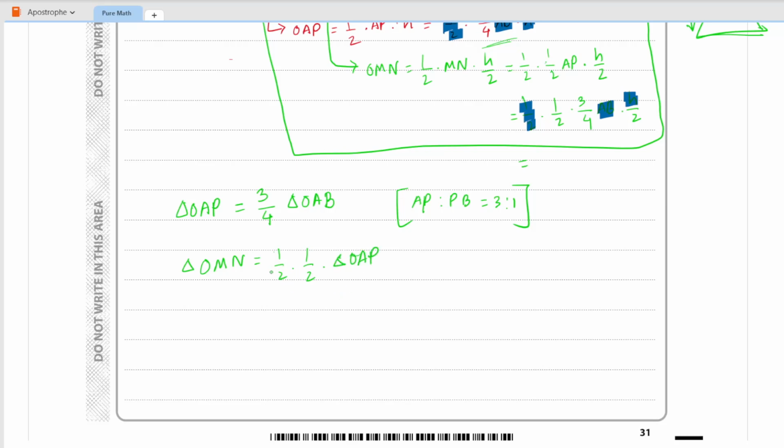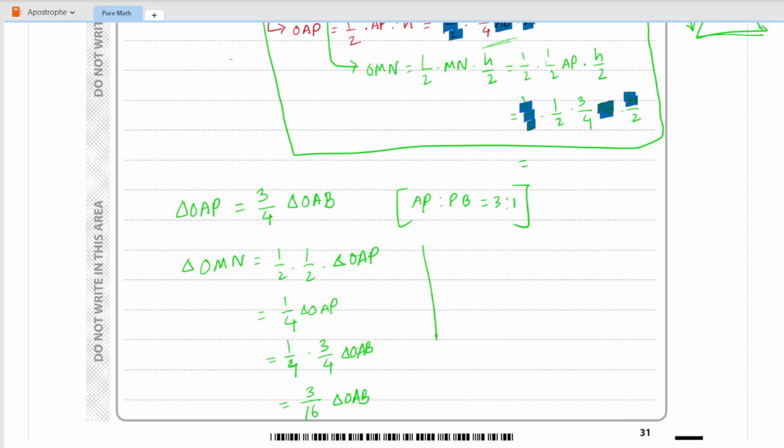Why half twice? One half is for base, one half is for height. So we are left with 1/4 of triangle OAP, and triangle OAP in terms of triangle OAB is 3/4 triangle OAB, and we have 3/16 triangle OAB.